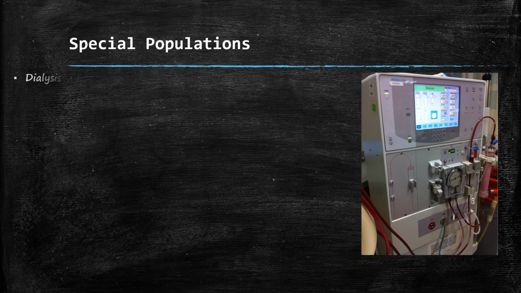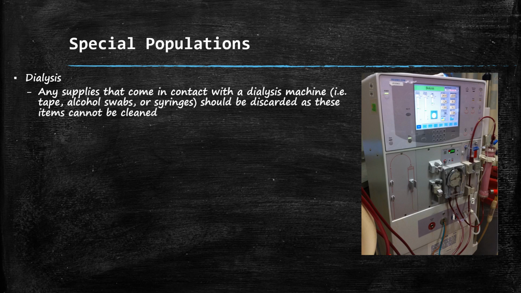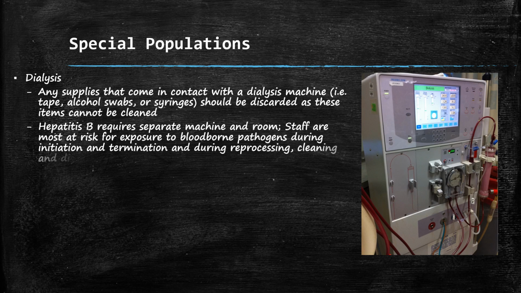Special populations, you guessed it, dialysis. Any supplies that come in contact with the machine should be discarded as those items cannot be cleaned. Hepatitis B, so if the patient has hepatitis B, then we need to separate the machine and put them in a separate room.